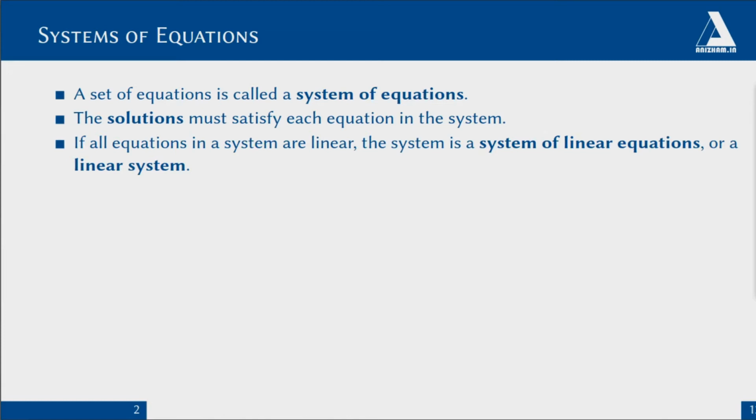Now, the equations in a system of equations can be linear, quadratic, cubic, and so on. An equation can be of any order in a system of equations. But if all the equations in a system are linear, that is, the order of the equation is only one, then the system is known as a system of linear equations or a linear system.